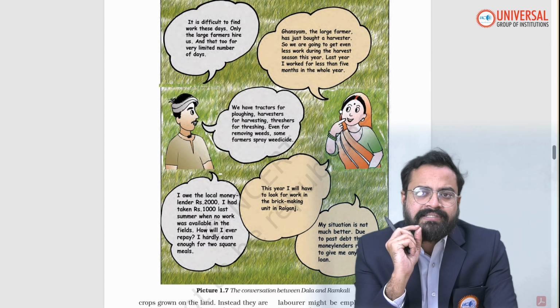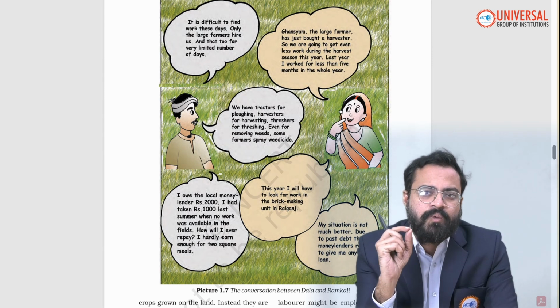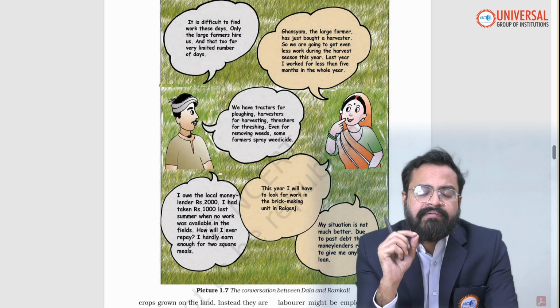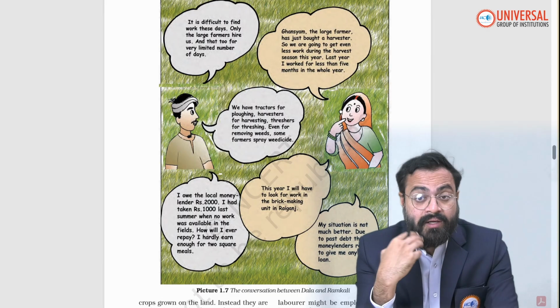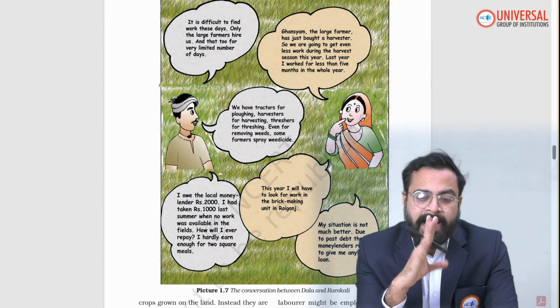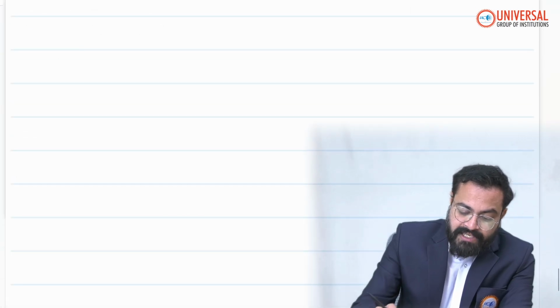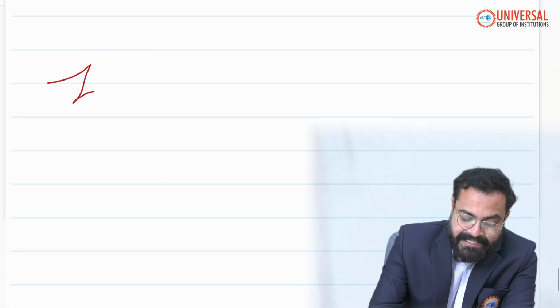Understanding the importance of credit for rural development, the government came up with a new set of banks called the regional rural banks. These regional rural banks are jointly owned by three entities.